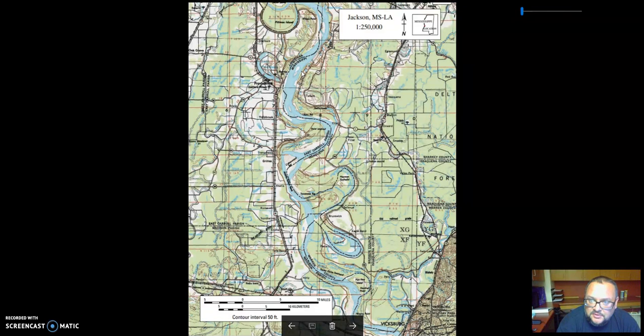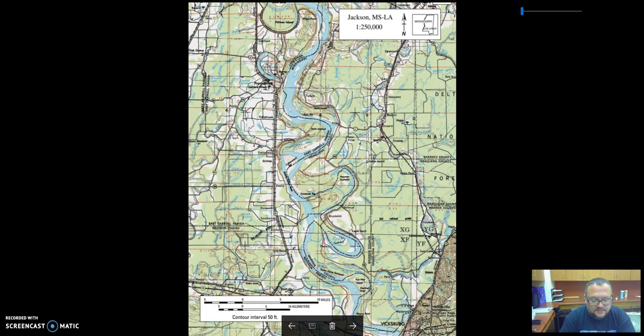To really calculate the gradient, what we would do is look at the elevation at the top of the map, and then the elevation at the bottom of the map, and divide the length of each path into that distance. So I can calculate that really quick. We don't have to actually calculate it. We can just figure it out, but let me calculate it really quick, and we can analyze that.